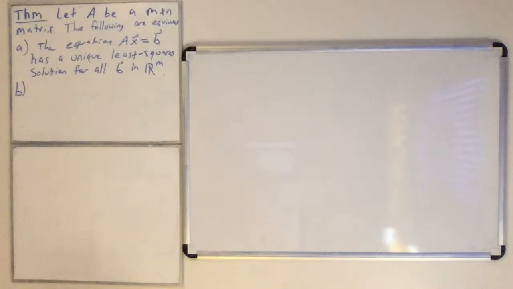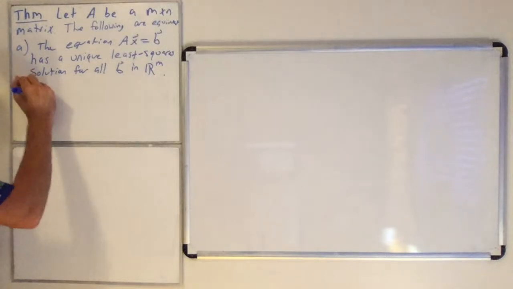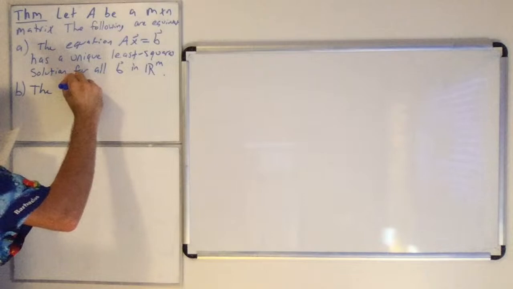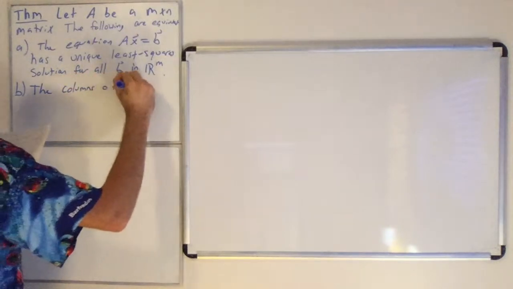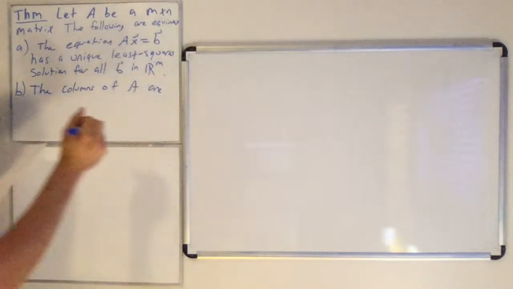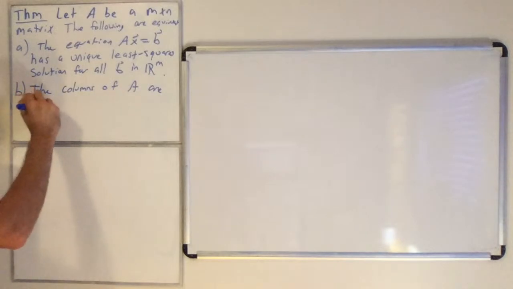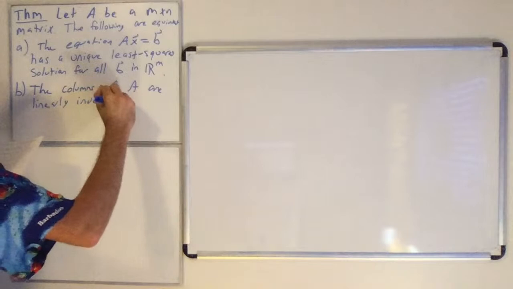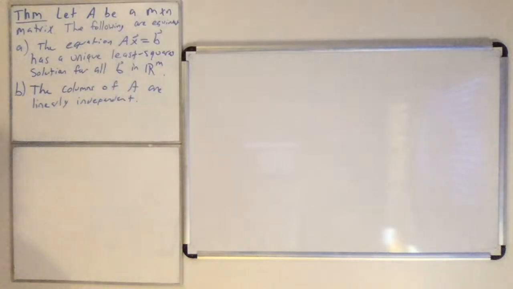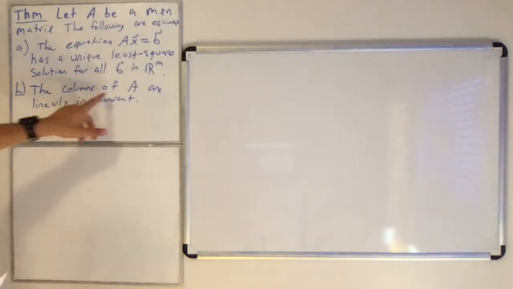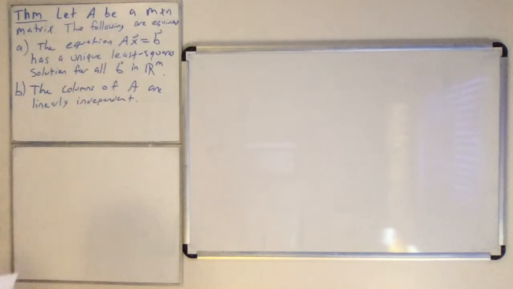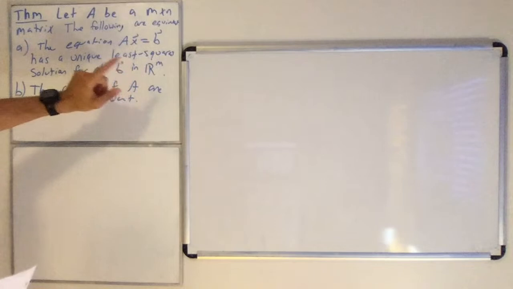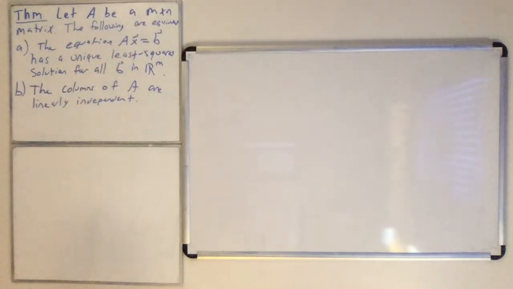Next, the columns of A are linearly independent. Okay, so if we could just check that the columns of our matrix are linearly independent, we automatically know that Ax equals b has a unique least squares solution.